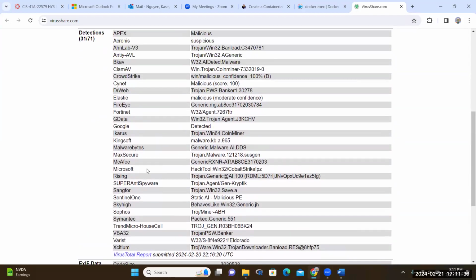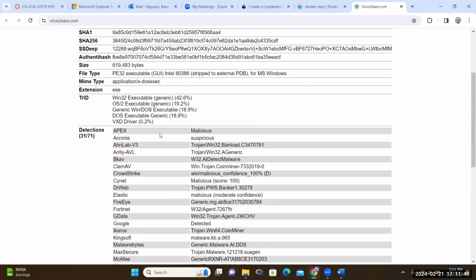Based on this list, this is what they had shared. Sometimes not all antivirus software will detect such things, right? Like I said before, it is as good as its definitions and signatures. If you don't have that in that software, it's not going to be able to find it.